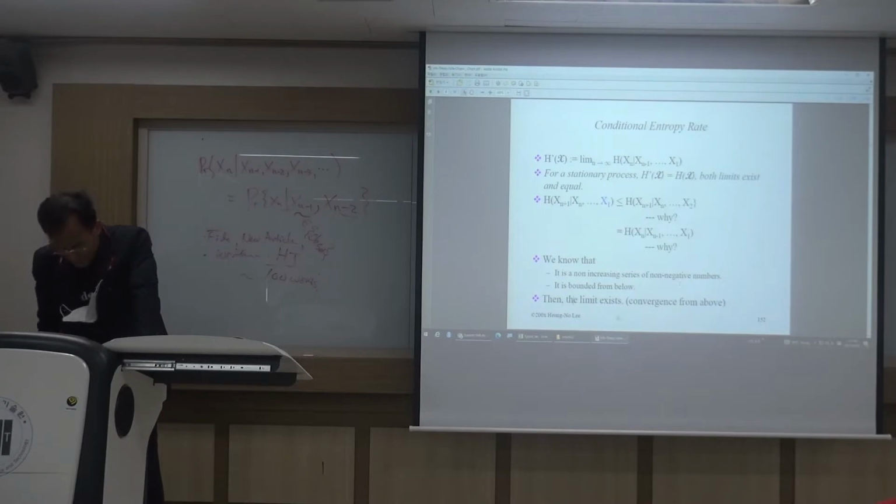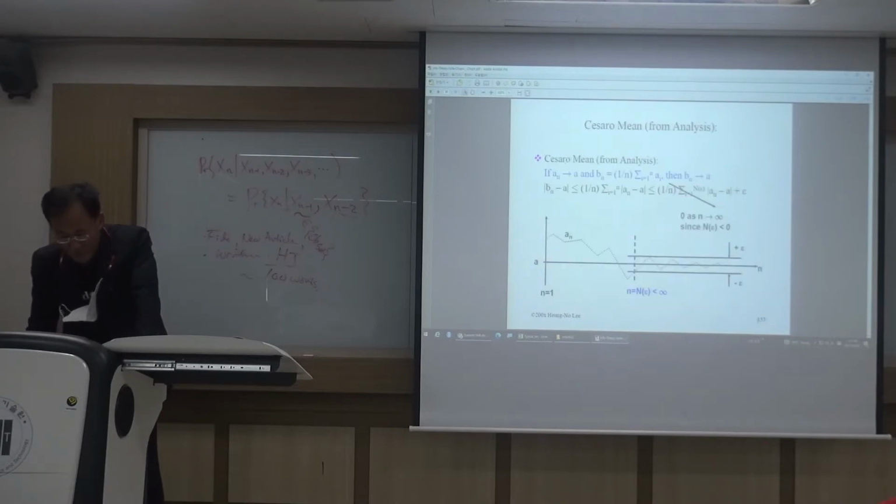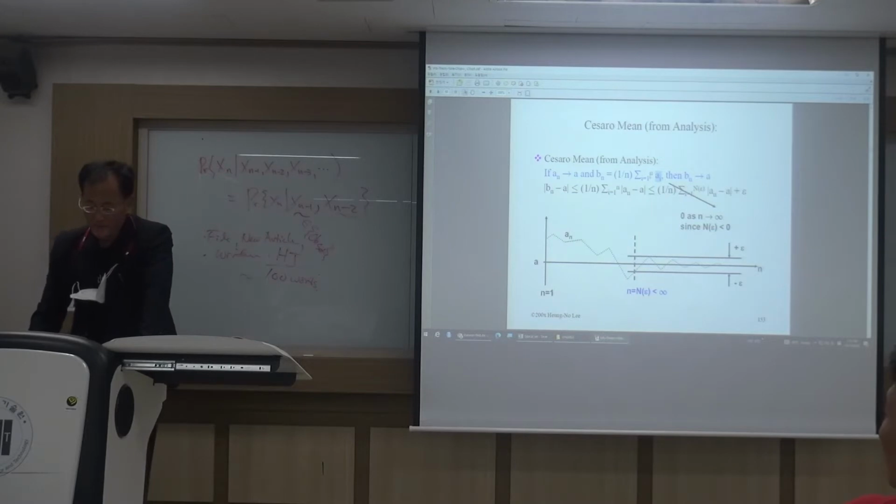Having said this, we can use the Cesaro mean from analysis. There is a sequence An that converges to a limit A. This one, An, is the conditional entropy that we were talking about on the previous page, and it converges to a number. And Bn is 1 over n times the sum of the entropies. The Bi are non-negative numbers.